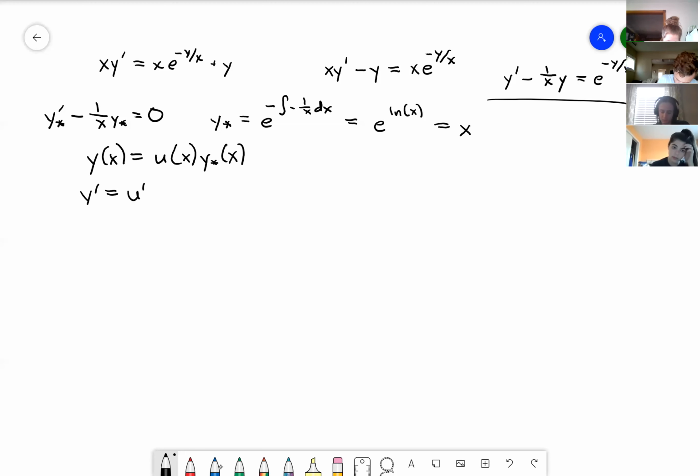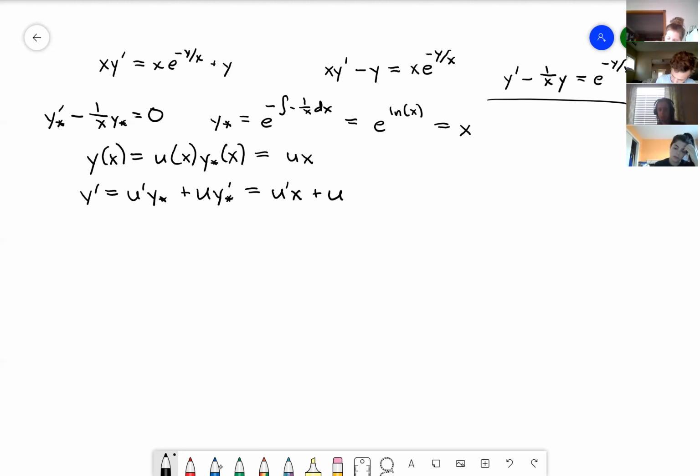That's u prime y star plus u y star prime, and we can figure out what this is. u prime x plus u. Right. And y is just, of course, u x.